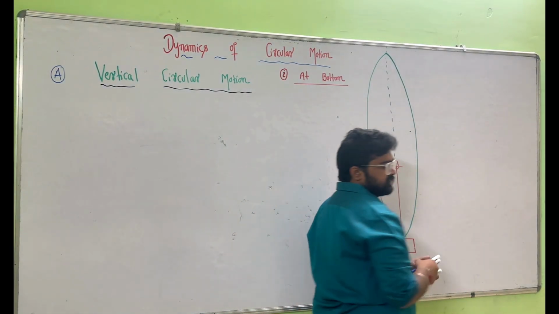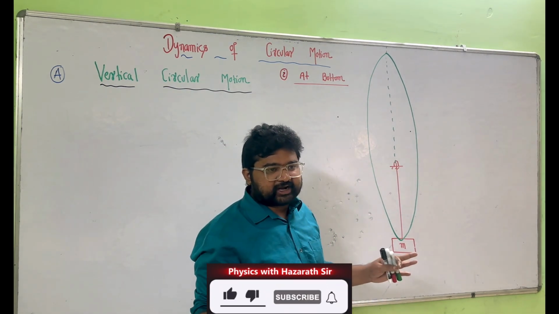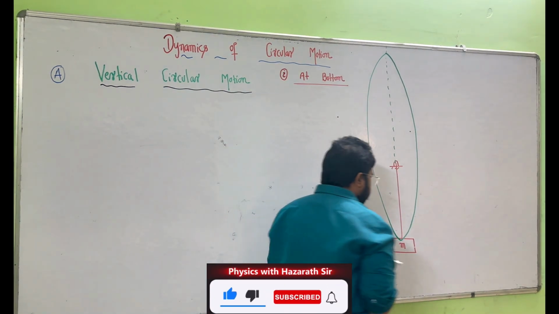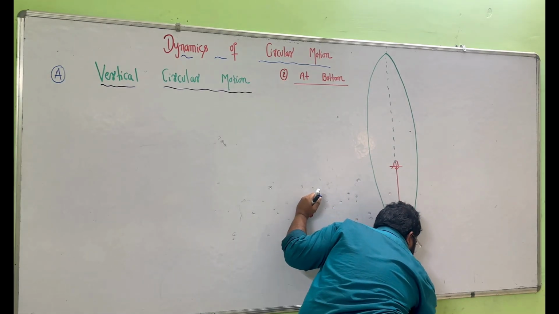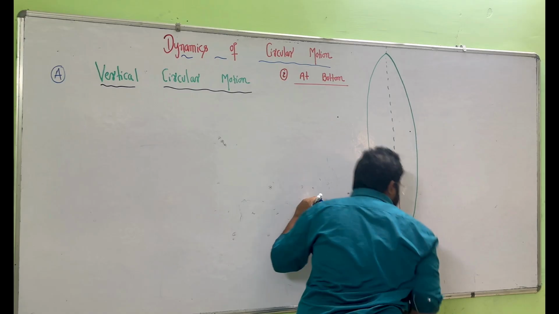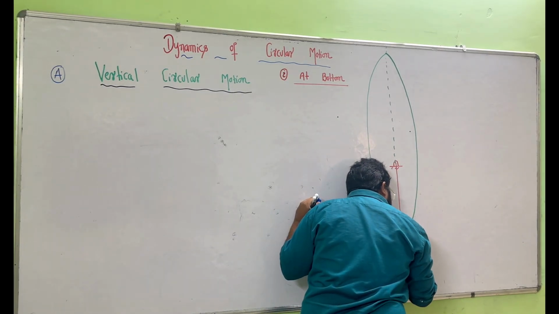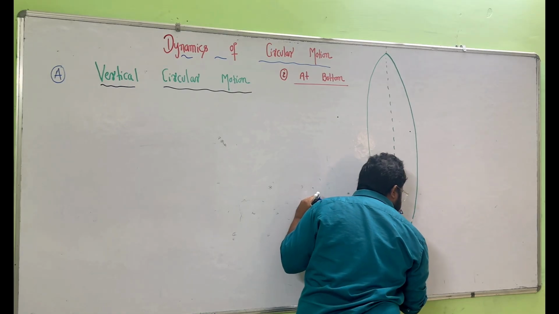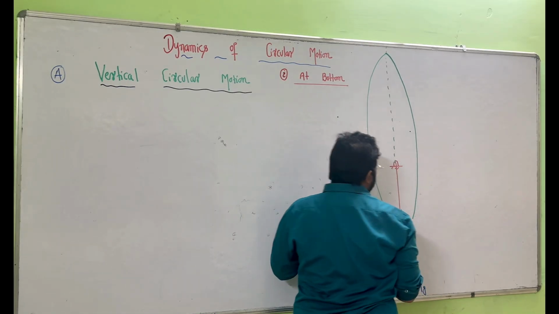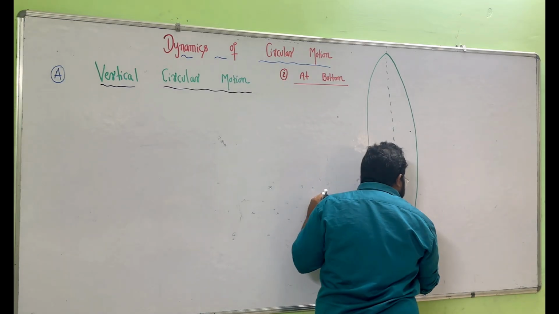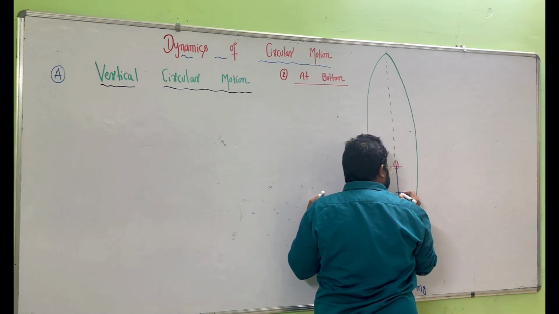So what is the first statement? Weight of the element mass always acts vertically downward. Tension in the string always pulls the body. This tension, at the bottommost point, is pulling this body.